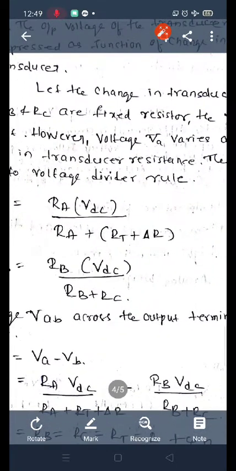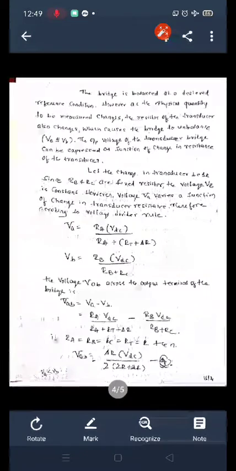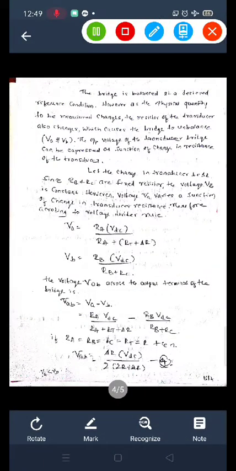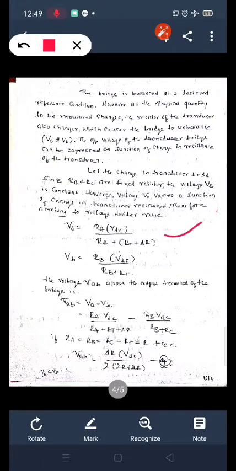VB remains the same since RB and RC are fixed, and using the divider rule, VB is RB into VDC divided by RB plus RC.